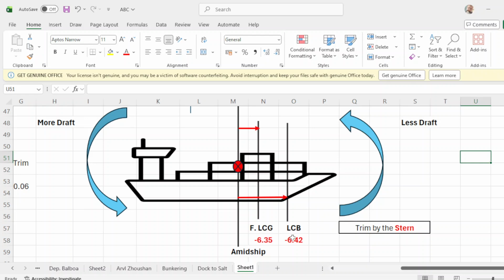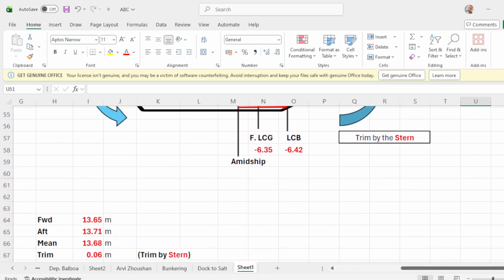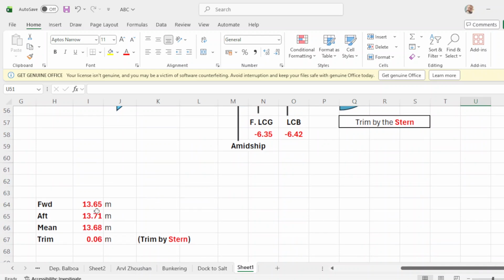It's like a seesaw. Okay, so when this forward part goes upward, you will have less drop. If this one on the stern part goes down, then you will have more drop. That's why you have less drop forward and more drop up. Okay. That's what it meant.